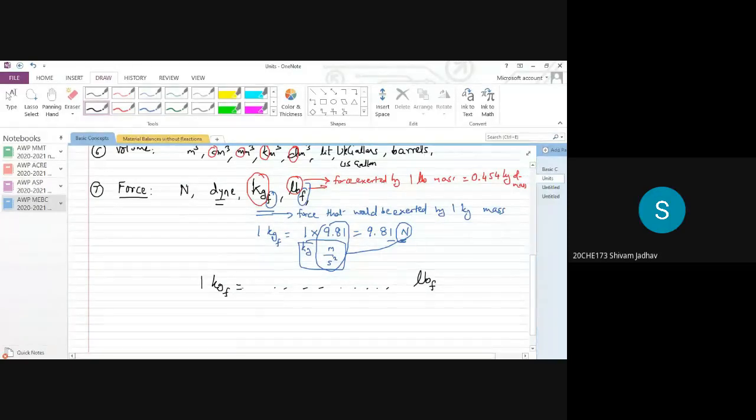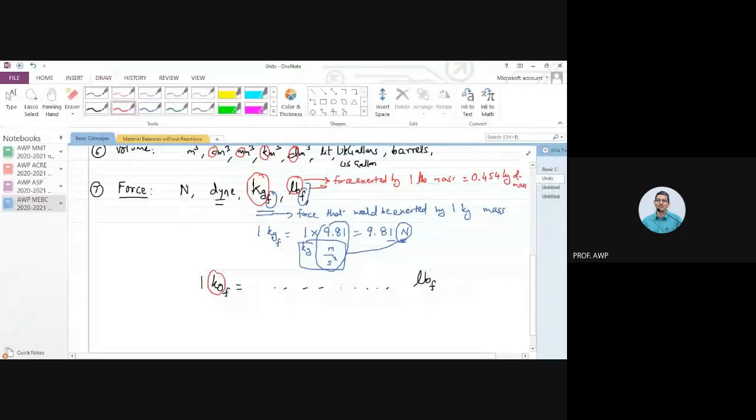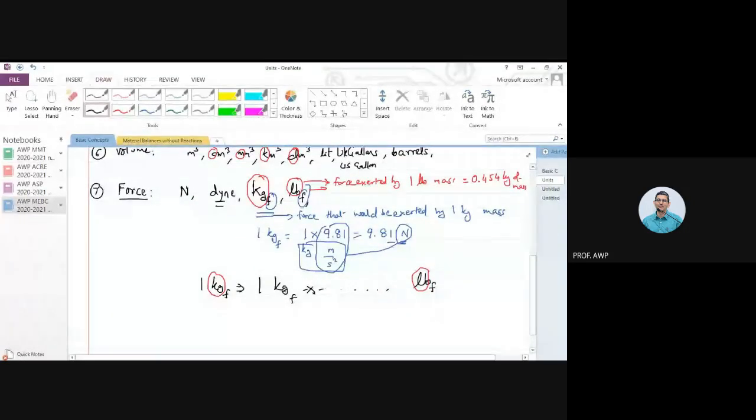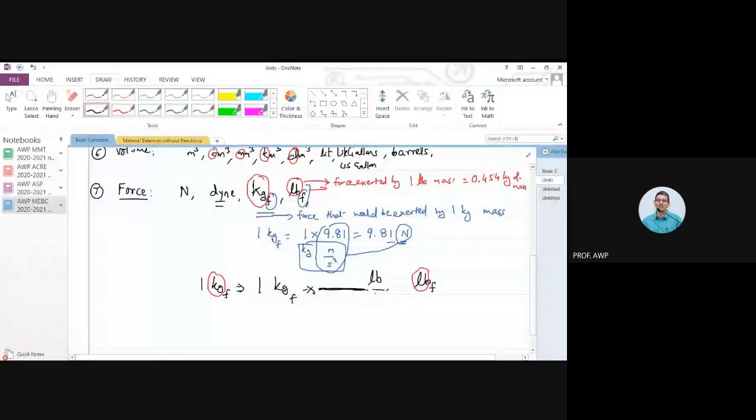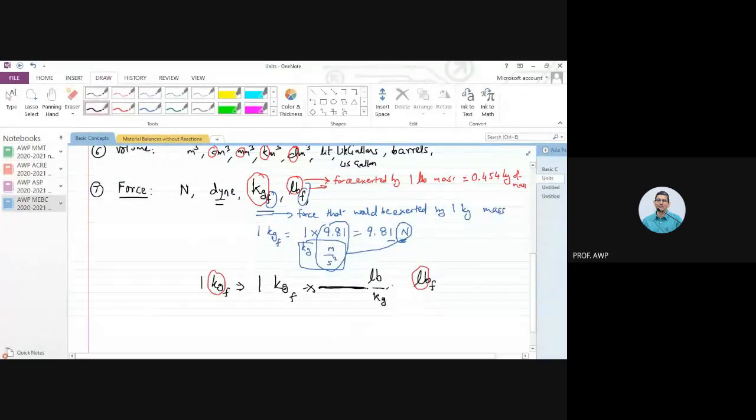Divide. Right. So if I want 1 kg force, I don't want this kg there, I want pound there. If I multiply by a quantity that has units of pounds in the numerator and kg in the denominator, then this kg would cancel out, cancelling of units, and then I would have pound force.